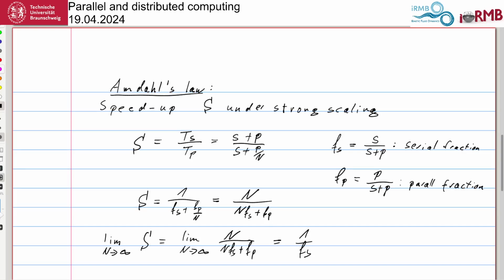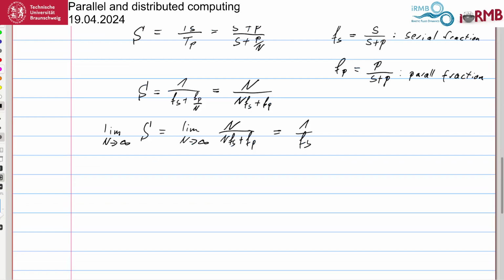So it is smaller than 1 and larger than 0, hopefully. And so the limit is always larger than 1. However, it is absolutely finite. So for a given program that has a serial fraction of fs, the speedup that you can obtain is finite. Even if you have infinite resources, you still need finite time.